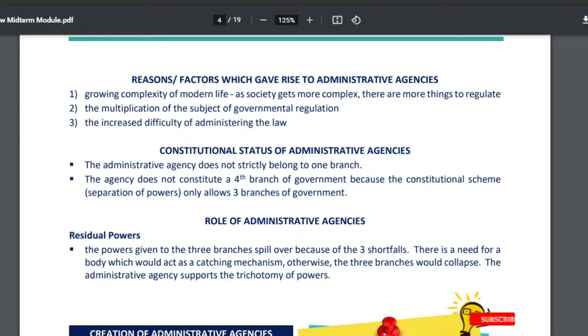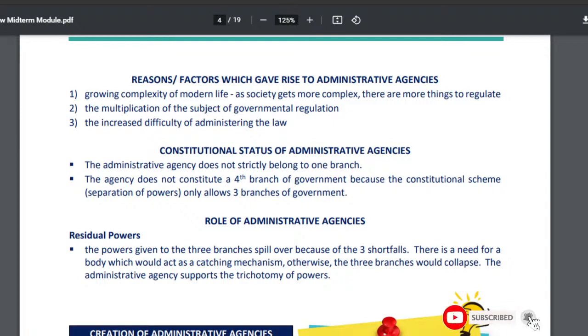So they have administrative functions too, but the administrative agency does not constitute the fourth branch of government because we only have three branches. What are the three branches of government? We have the executive branch, legislative branch, and judiciary. So we only have three branches of government, because these are the branches found in our constitution. So there is separation of powers of these three branches only.